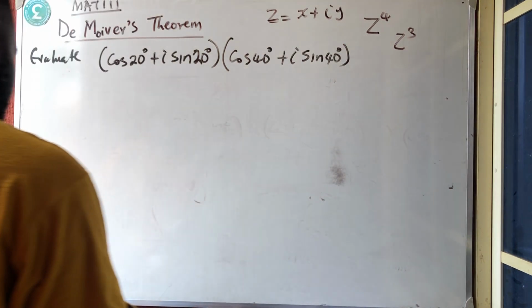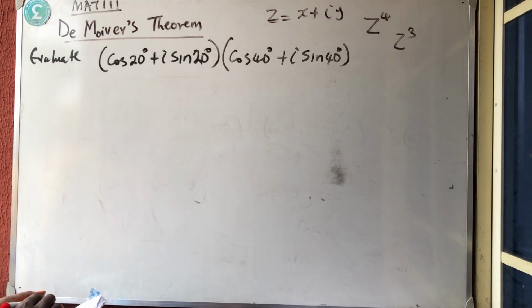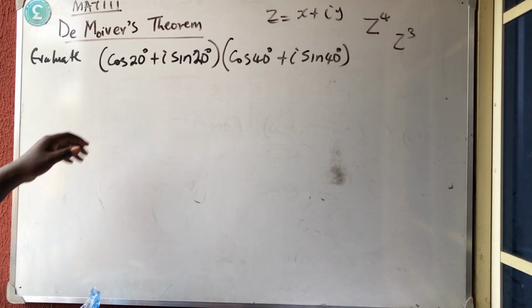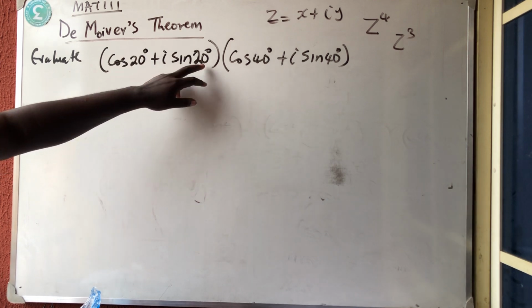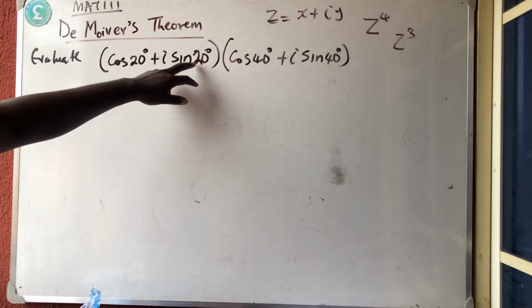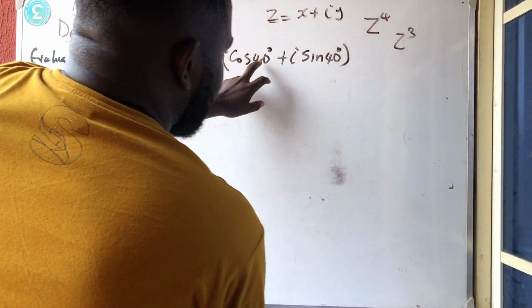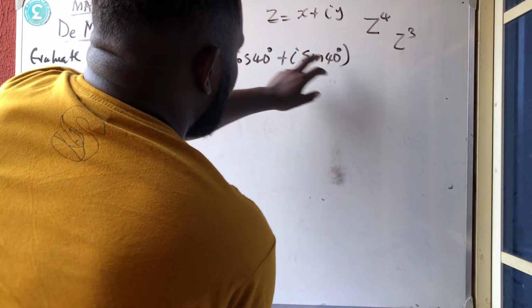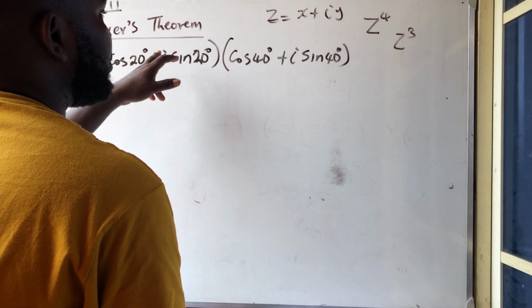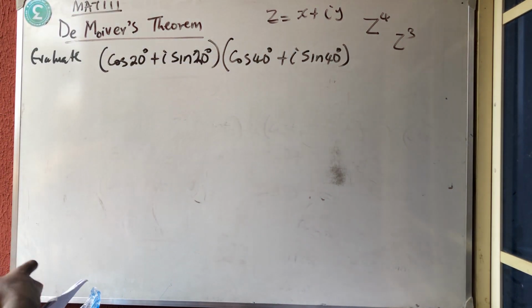Please note that you apply this law when the argument is the same thing. If you have 20 here and 10 here, please don't apply the law. They must be the same, like this and this one must be the same. If it's cos 30, it's going to be plus i sine 30. That is when you apply the law.